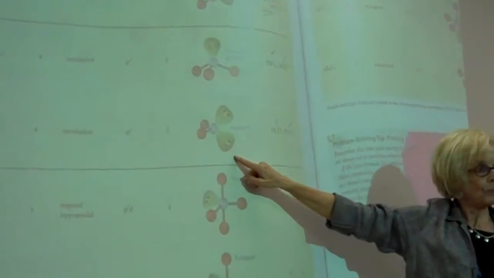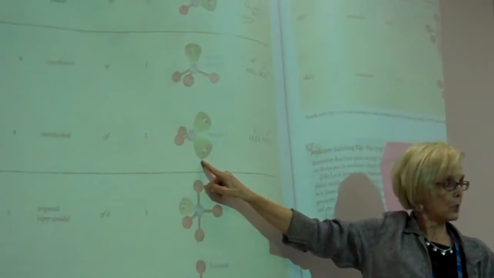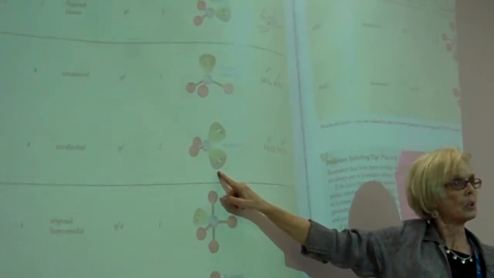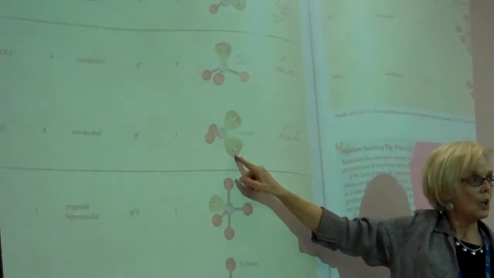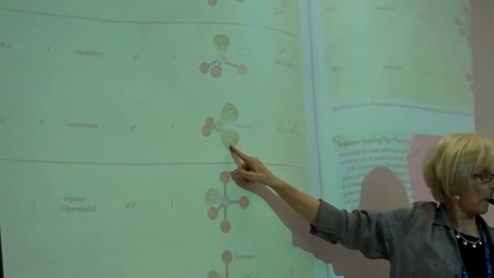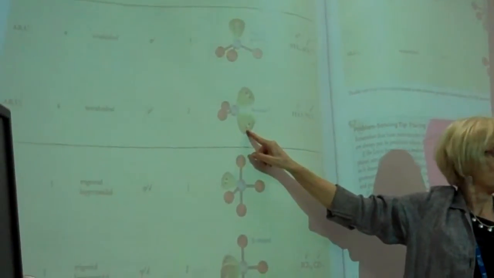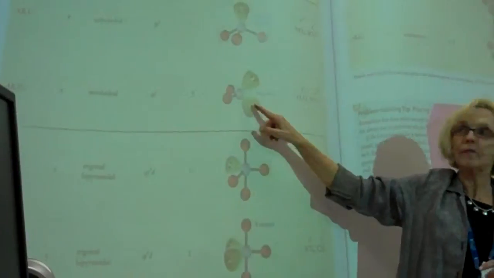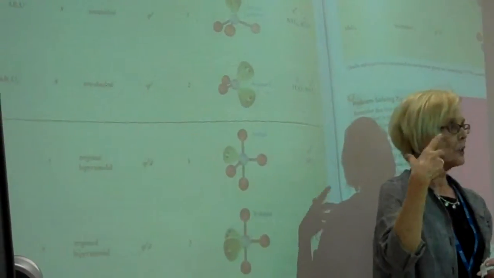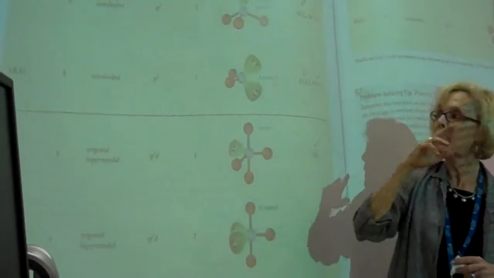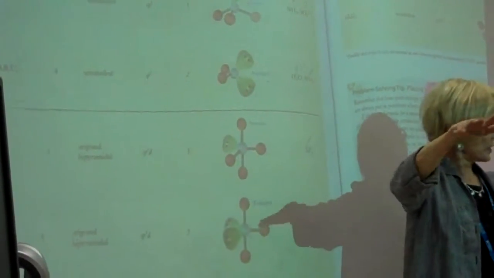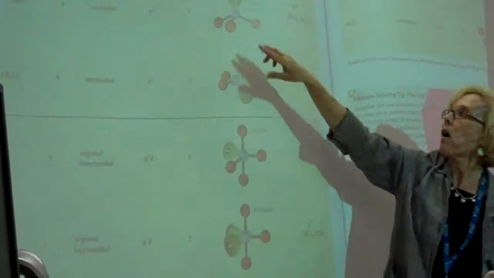Now, AB2 with 2 lone pairs, polar or non-polar? Polar. Bond angles, less than 109.5, because think of your basic tetrahedron as 109.5. It's angular or bent.